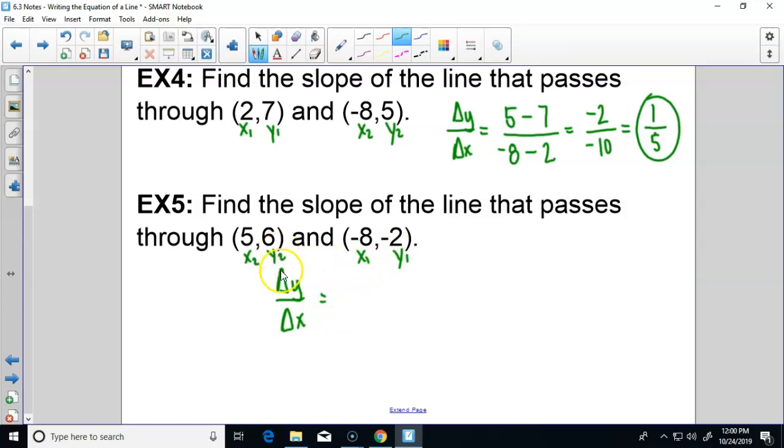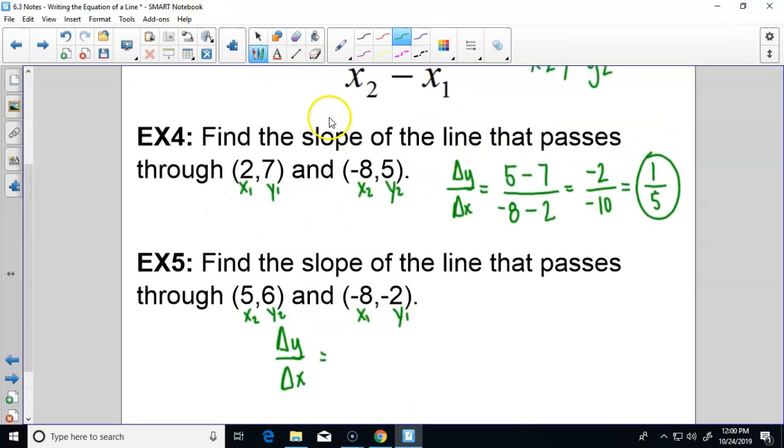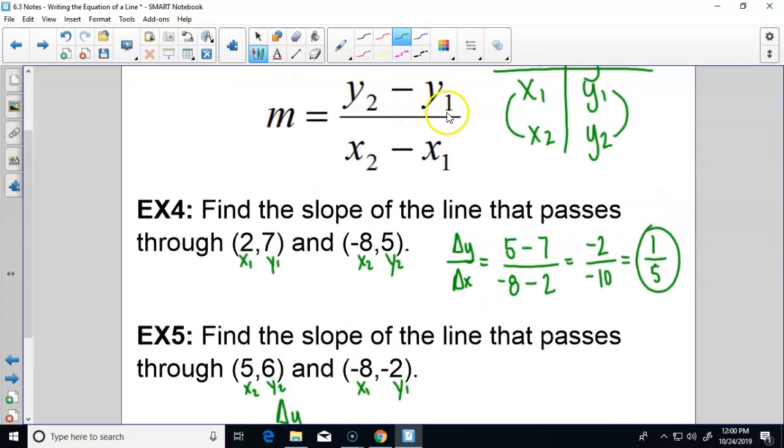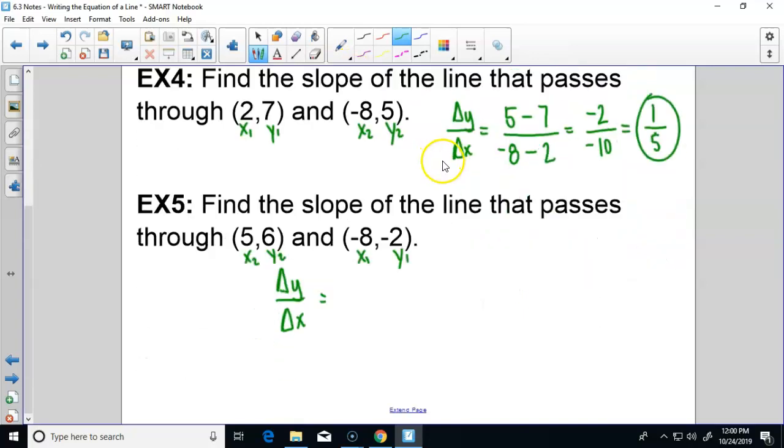My formula tells me y2 minus y1 over x2 minus x1. So y2 is 6 minus negative 2. Make sure you include the minus and the negative here. And then we'll have x2, which is 5, minus x1, which is negative 8.